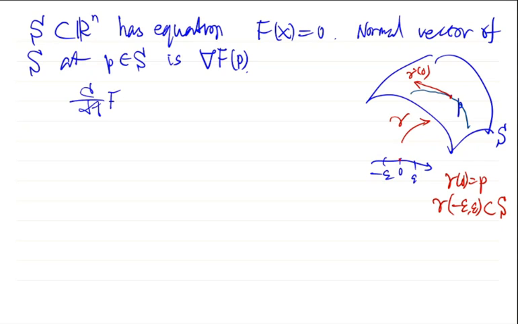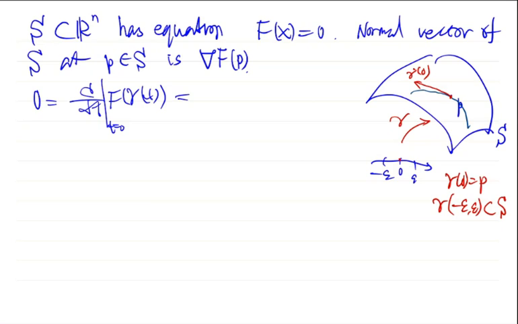By the chain rule, we know that d/dt of capital F at t equal to 0, at the point P, gamma(t), is 0. Because gamma(t) lies in S, therefore F(gamma(t)) is 0 for all t, so the derivative is 0.